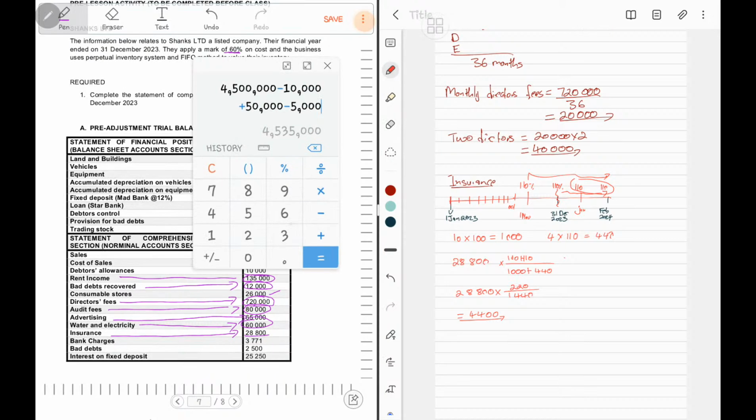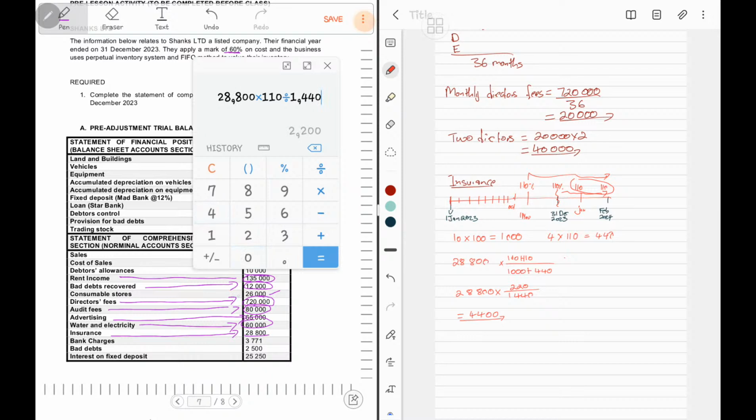Okay, let me confirm something here. 28,800 multiplied by 220 over 1,440. It says 4,400. Let's find the monthly one. 28,800 multiplied by 110 over November, December, January, February, over 1,440.